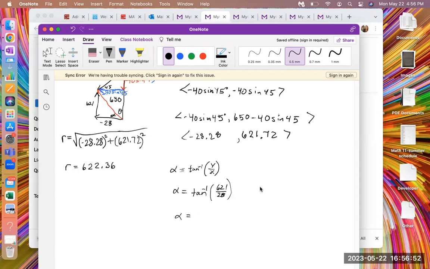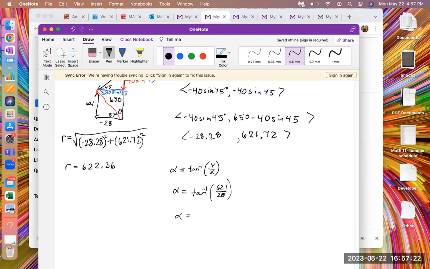I do inverse tangent of 621 divided by 28, and that's 87. So it's telling me that the angle here, the alpha, is 87 right here, which doesn't look like 87. It sure looks like 45 by the way I've drawn it. That's 87.